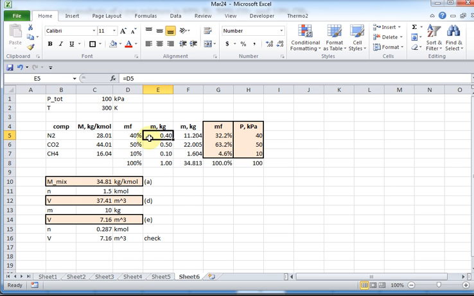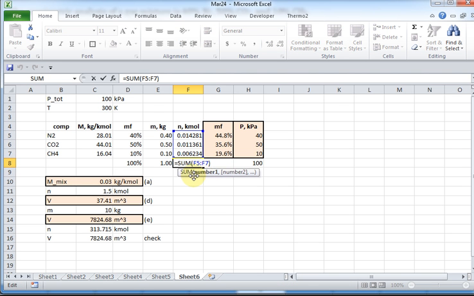And so now I have 0.4 kilograms of nitrogen, 0.5 kilograms of CO2. If that's true, then how many kilomoles do I have? Well, I take the mass, and instead of multiplying by the molar mass, I divide by the molar mass. Won't that give me the number of moles? And so then you work your way down here. So we find that the total number of kilomoles is this.